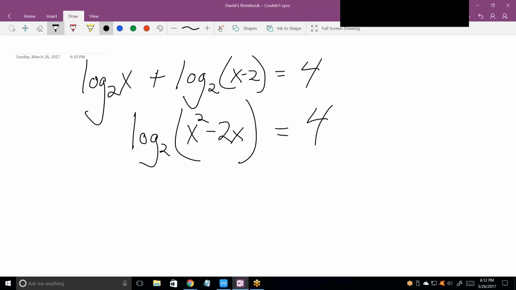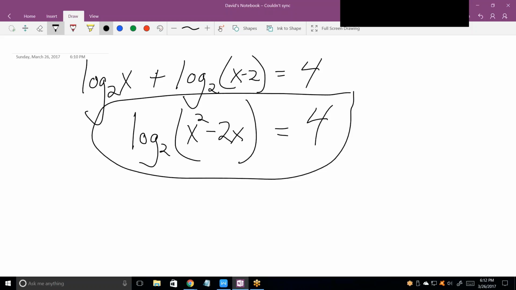Now, what can you say? In other words, the way to solve log equations in this case is to turn it into an exponential. Well, how do you turn this expression into an exponential expression? 2 to the power 4 equals x squared minus 2x.